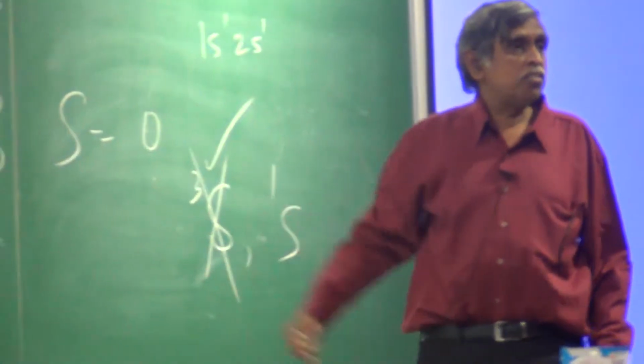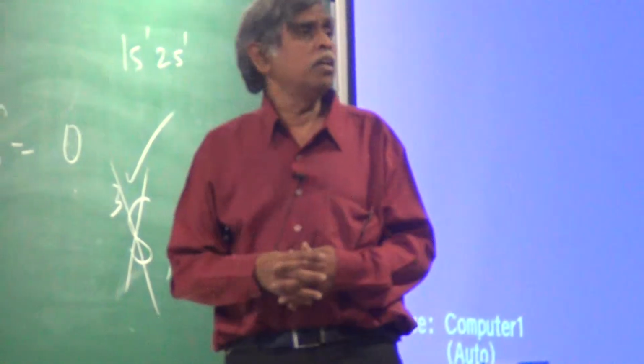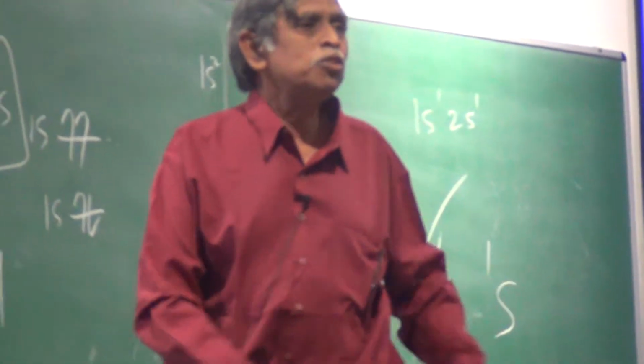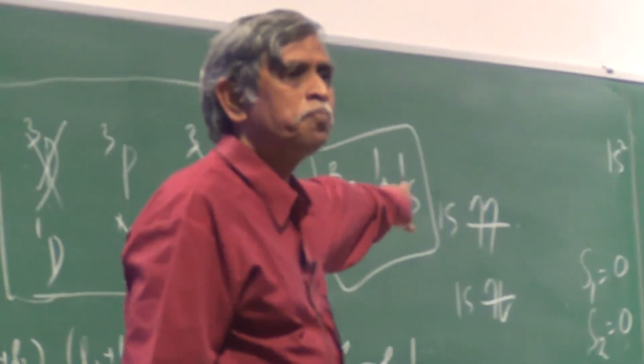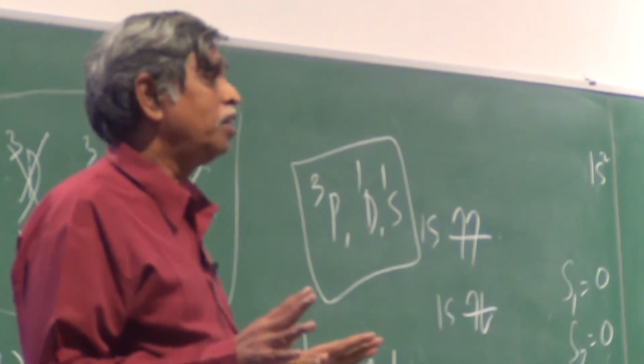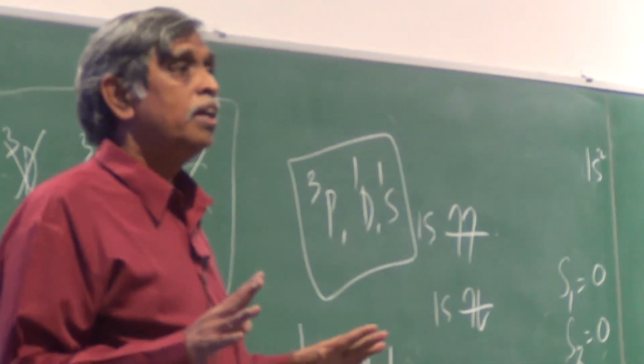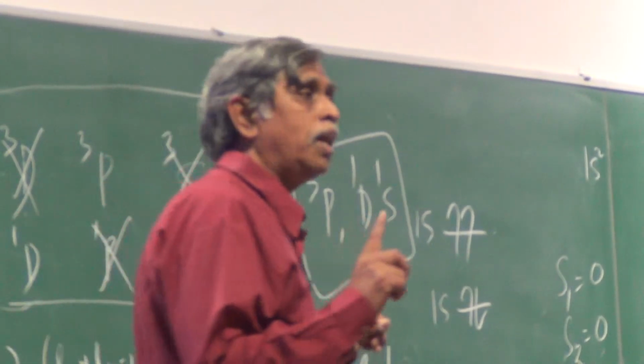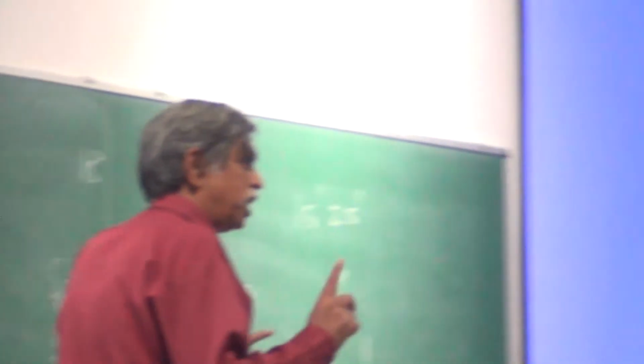Now that I have these states, of course we learned this one, I'm very sure. Which is the ground state among them? Between triplet P, singlet D and singlet S, which is going to be the ground state, the lowest energy state? That's the one with the highest spin multiplicity. You have heard of Hund's rule of maximum multiplicity, right?